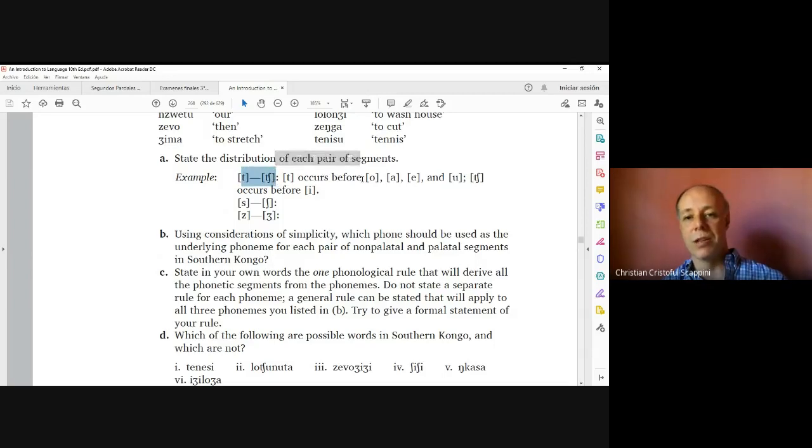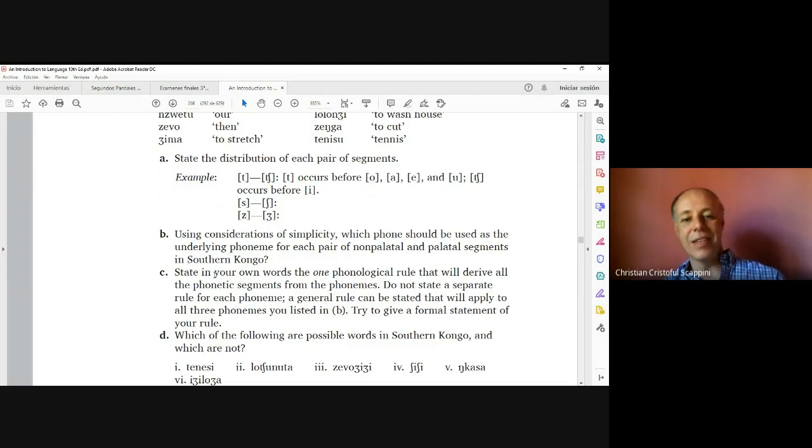The phoneme is the elsewhere. The T occurs before all these sounds, but the Ch occurs only before the E sound. So we can totally answer this question, which is the phoneme.